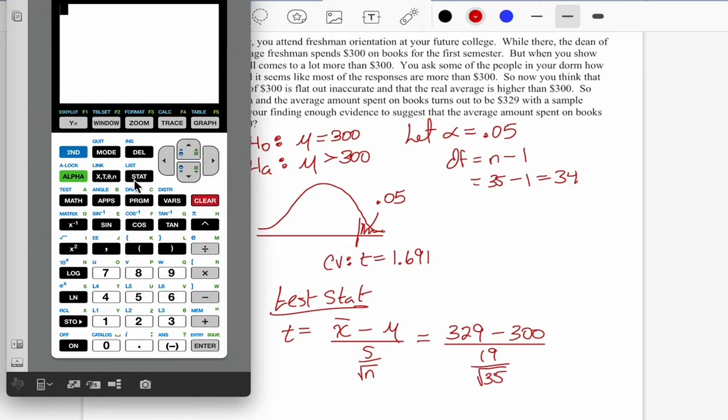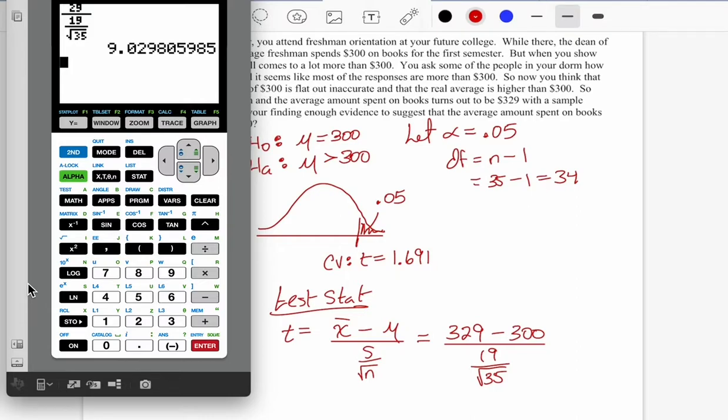So we have to crunch this through real quick. The top number is just 29. Then 19 over the square root of 35. So huge.